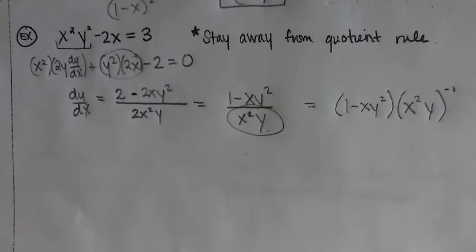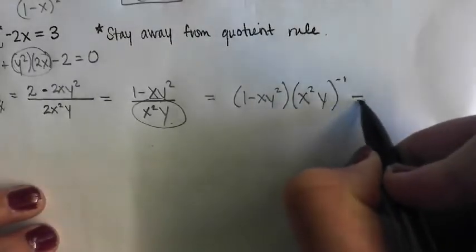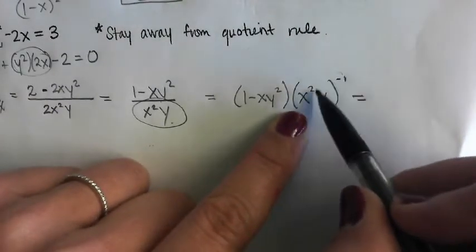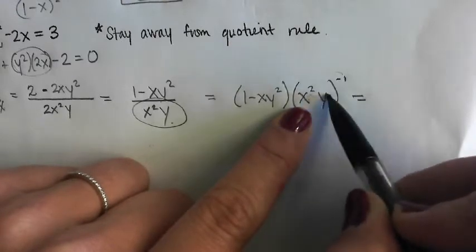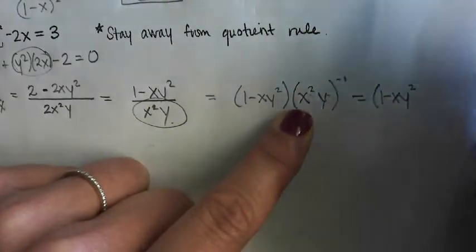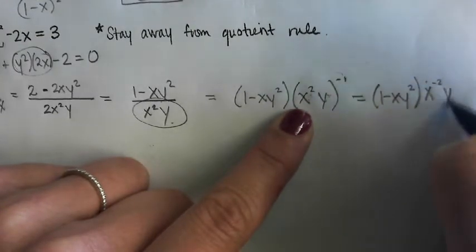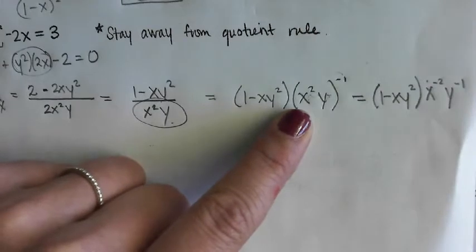Do we follow that? I can raise each of these terms to the negative first power. So that would be 1 minus xy squared, and then x to the negative second, y to the negative first.